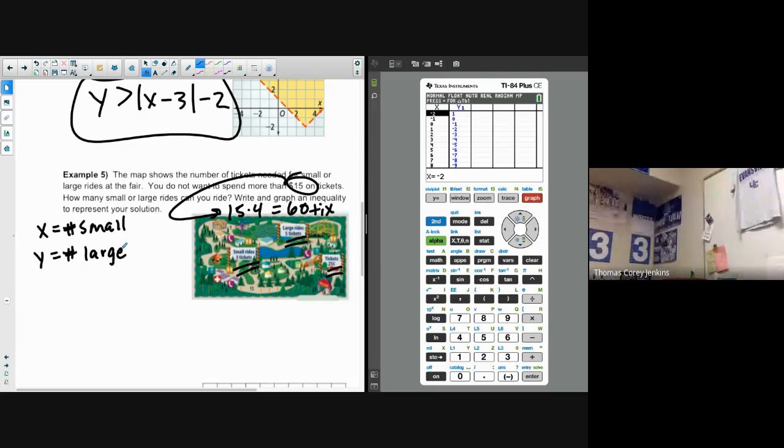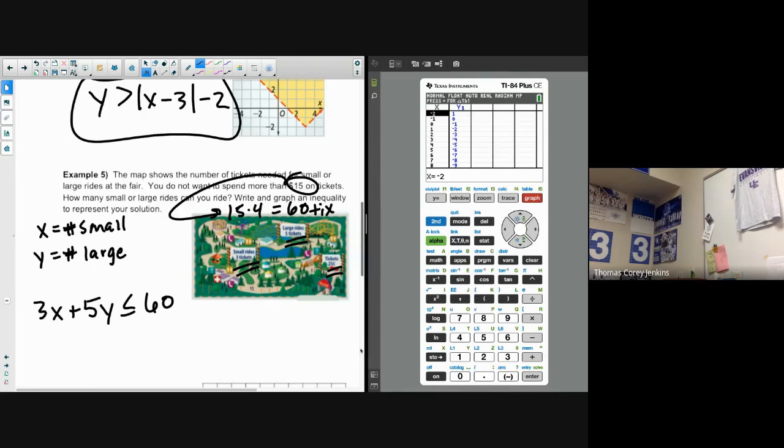So small rides are 3 tickets per ride, so we would go 3 per X plus 5 per Y. So that's my expression for total cost for X small rides and Y large rides. Okay, and then we can always spend no more than the money we have. So we can spend less than or equal to 60 quarters.